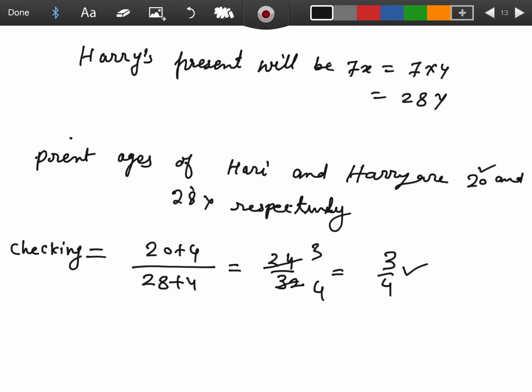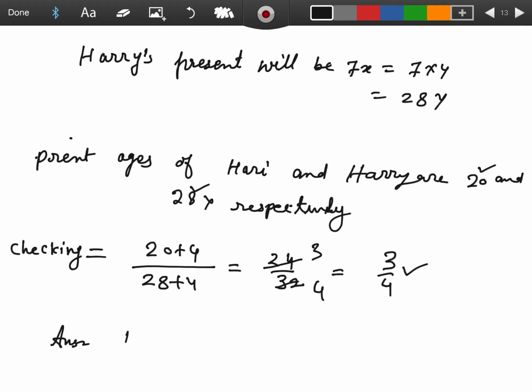So present ages are 20 and 28 years, and we have added 4 to both their ages, so it will become 24 and 32. And we have checked the ratio of their ages, and the ratio of their ages is 3 by 4, which is already given in the problem. That means our answer is correct.